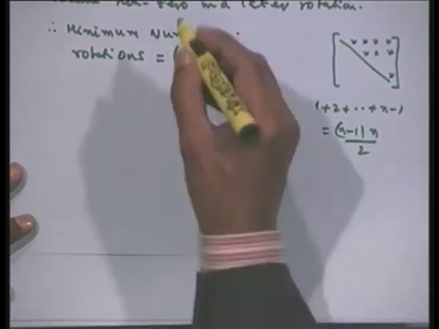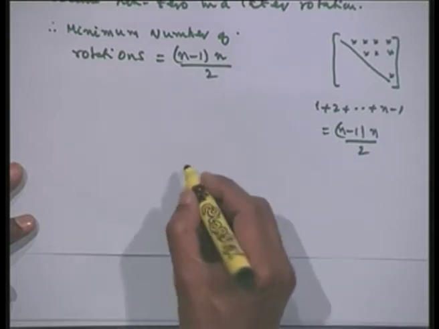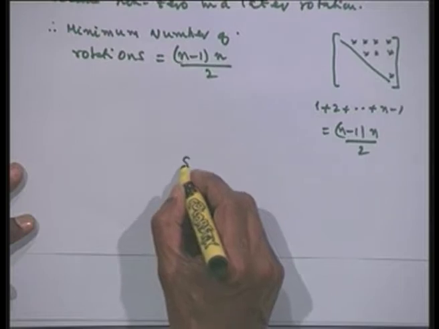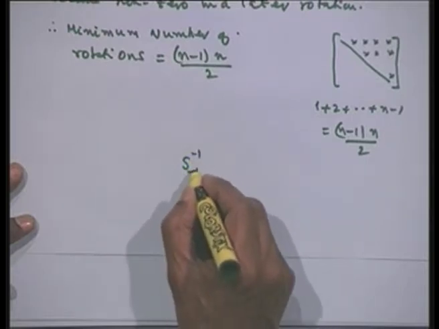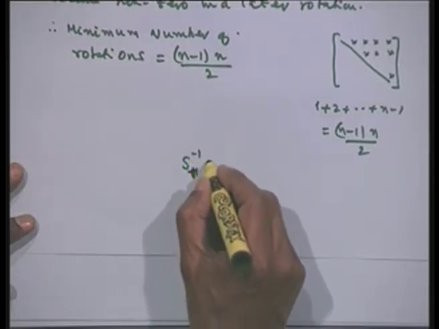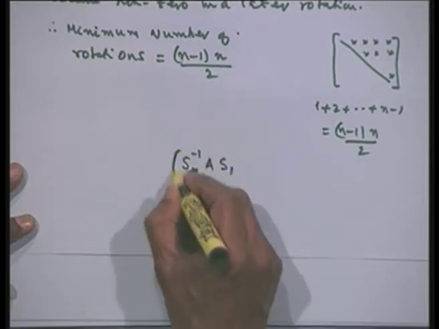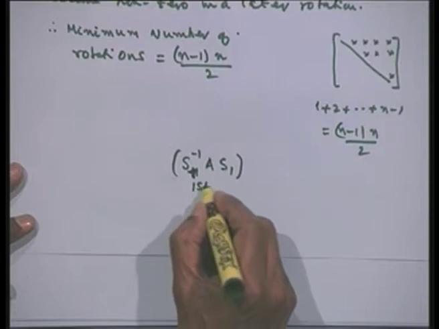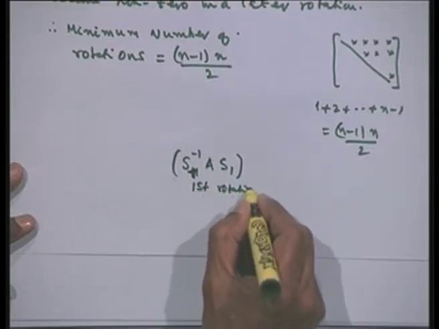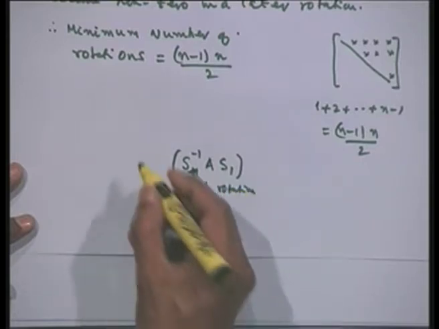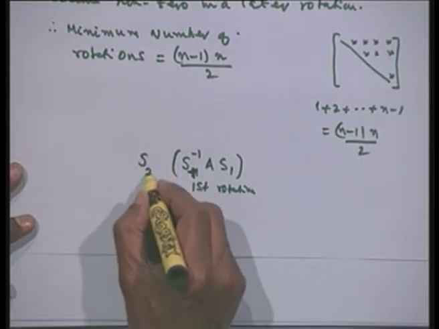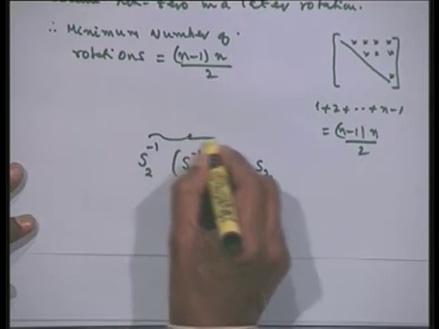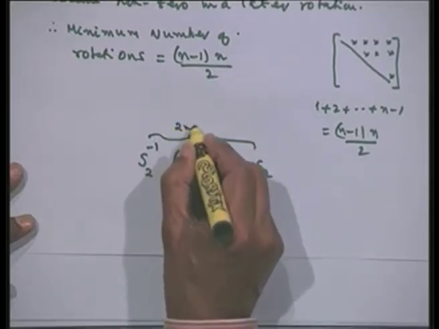Now, let us just repeat what we have done in the first rotation. I will start from the middle of this line. We have S1 inverse A S1. This is the first rotation. Then I have applied another similarity transformation, S2 inverse times S2.